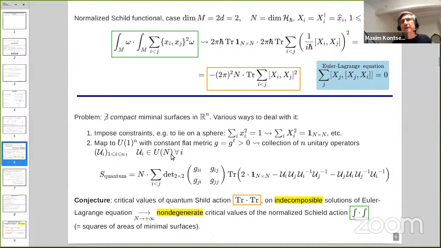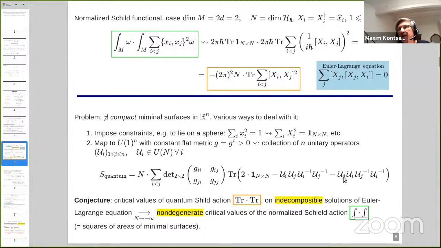And when you write the quantum action, just one of the possibilities, again not terribly canonical, is the following. First, we get this capital N as a factor to make a normalized Schild functional, and then take a sum of squares of Poisson brackets. So I get 2 by 2 minors with my symmetric metric, and multiply by something which is written here.